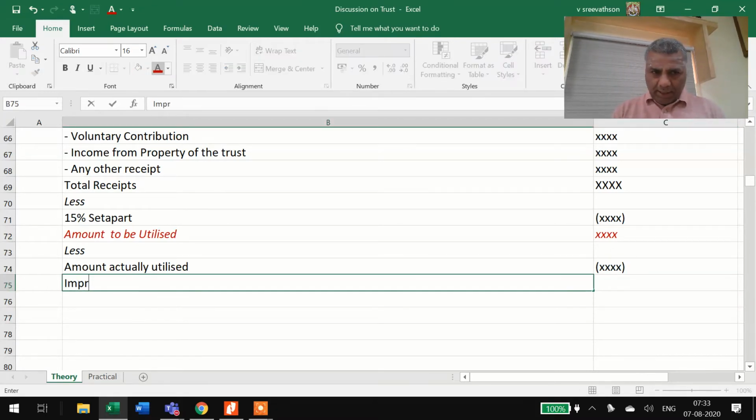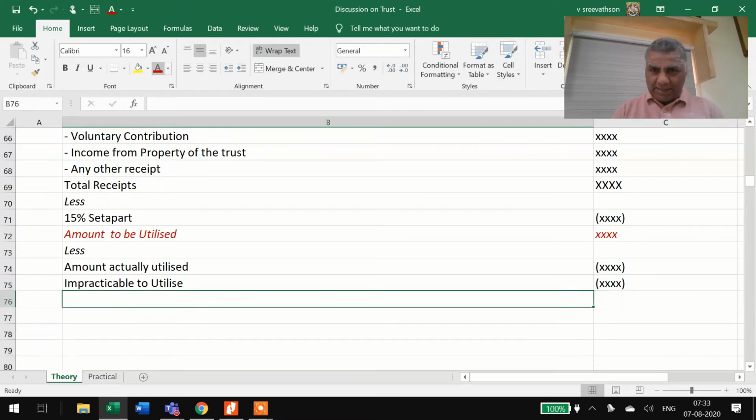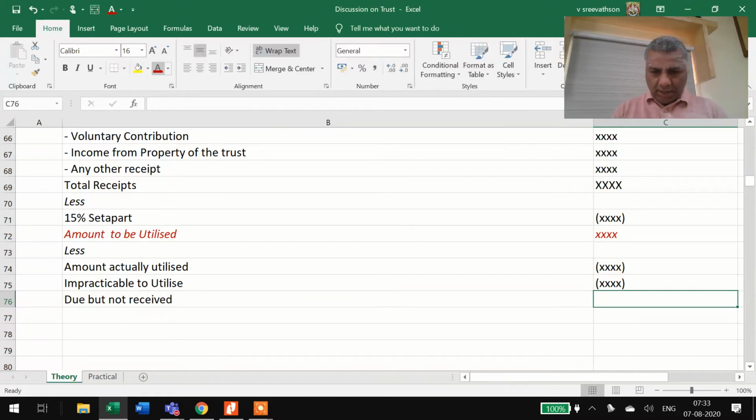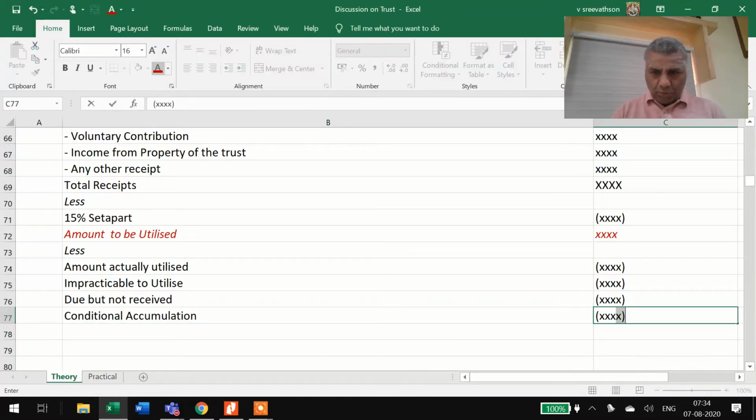Impracticable to utilize, that is received late, so I am unable to utilize it. Due but not received, which also you all know. Conditional accumulation, which also you all know.